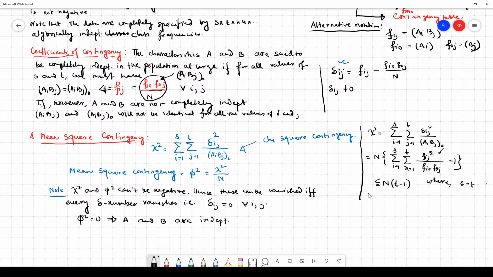And therefore phi square is less than or equal to t minus 1. Okay, so phi square lies between 0 and t minus 1. So please check.